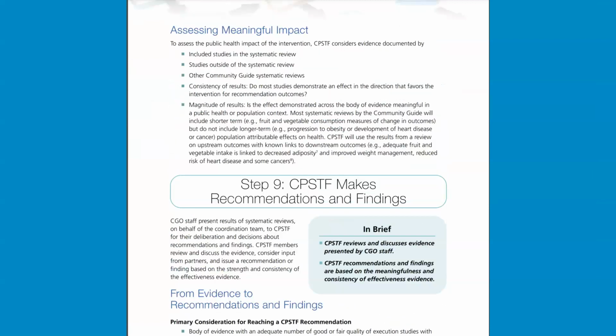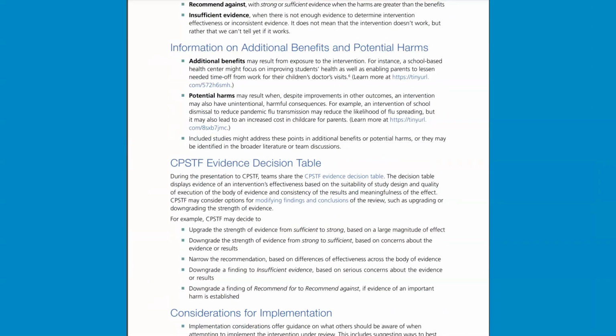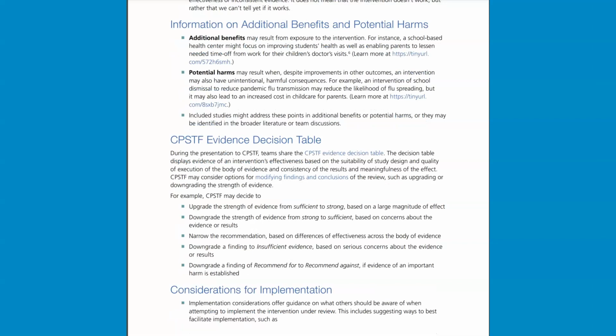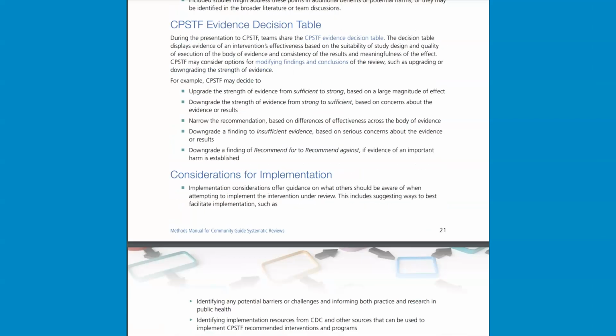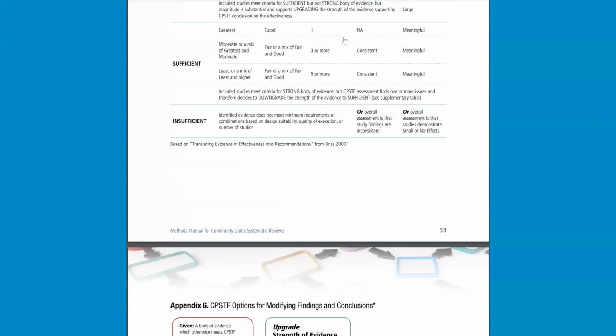And then assessing meaningful impact of included studies in the systematic review. Just consider everything. Now, step 9 is translating a lot of these findings into actual recommendations. And this is where the decision table comes in handy and is really important in modifying findings.